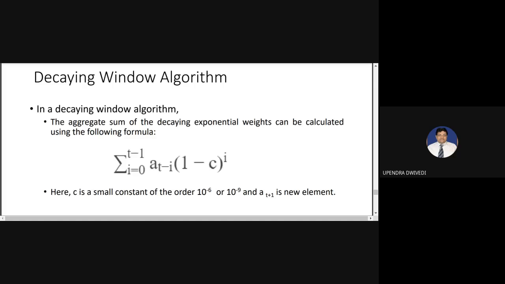Here c is a small constant, which can be of the order of 10 to the power minus 6 or 10 to the power minus 9. It depends on you and on the problem. Here t plus 1 represents the new element at that particular time.